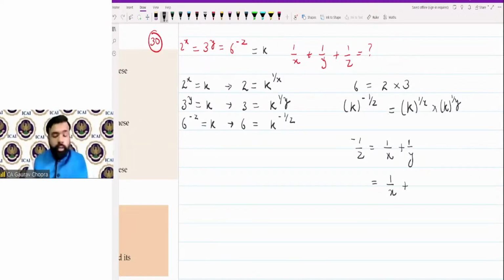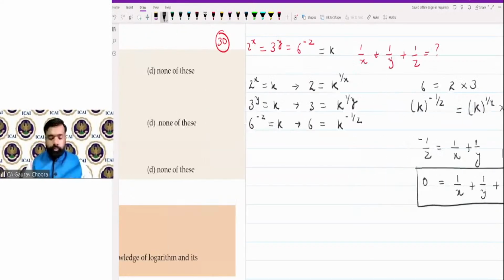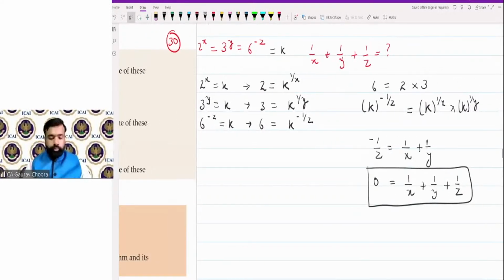So 1 by x plus 1 by y plus 1 by z. So what is left here? 0. So the result is equal to 0. This was question number 30. You can write it down or take a screenshot.